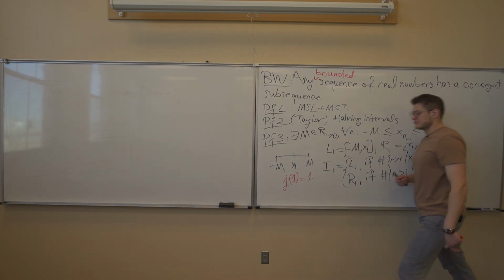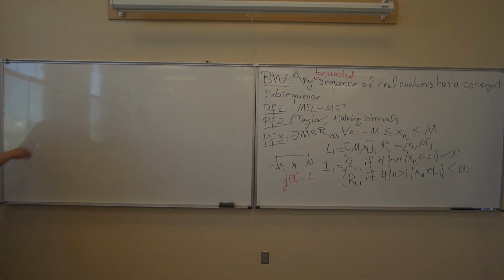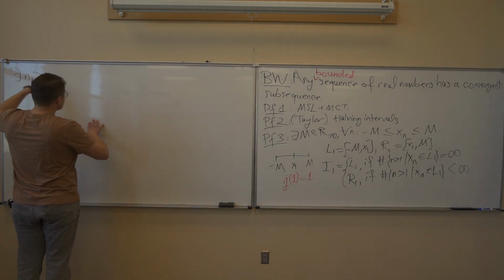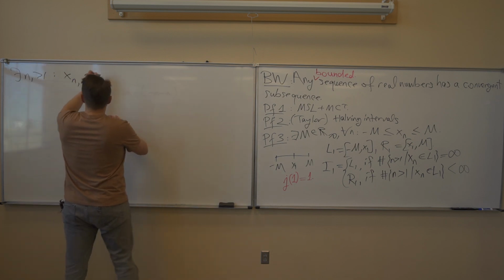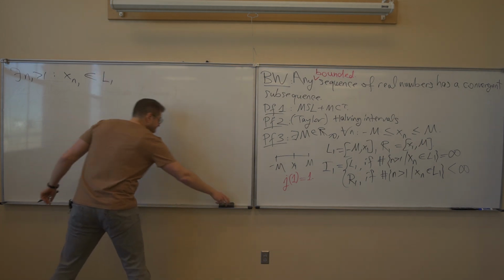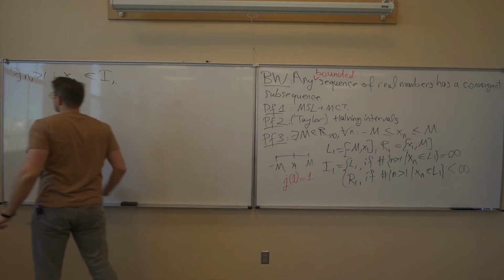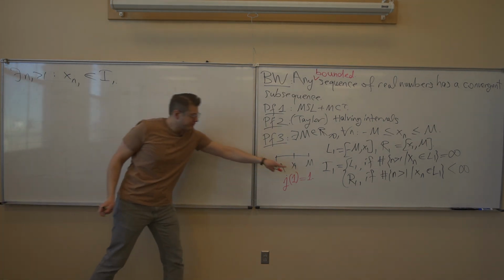I chose I1 according to that. So there is an N1 after time 1 such that x sub N1 is in I1. Now this number is going to be j of 2.